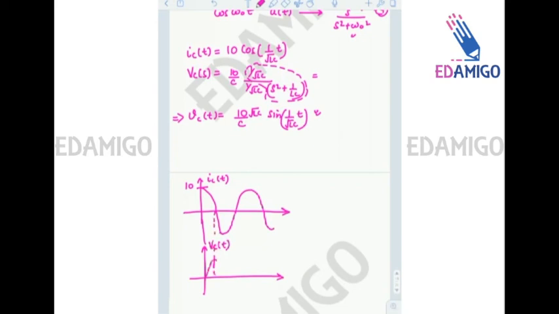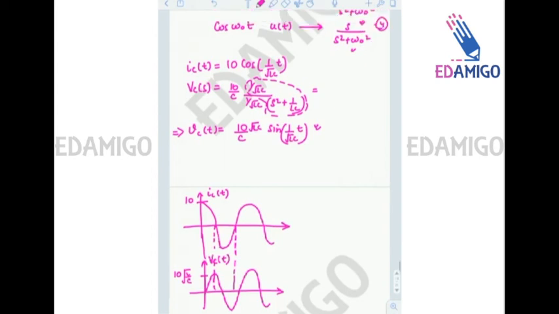It will be maximum here and it will be 0 here. Okay, it will be like this and so on. So it will be a sine term. Now the maximum value of VCT is 10 under root L by C.